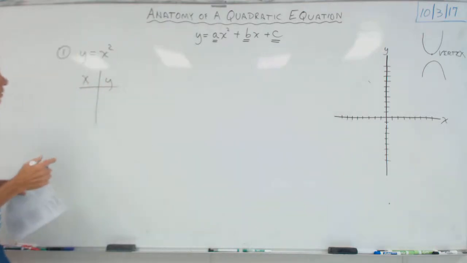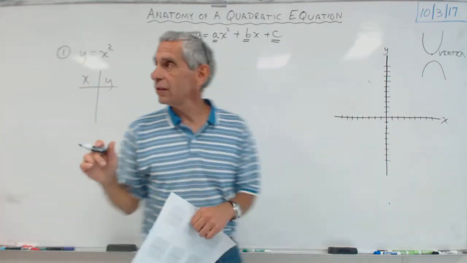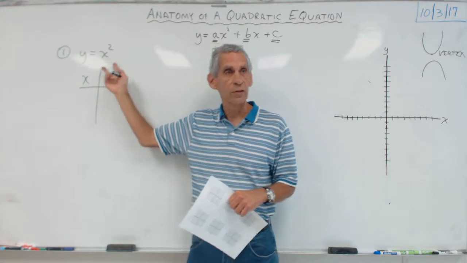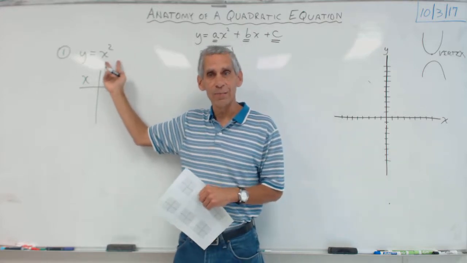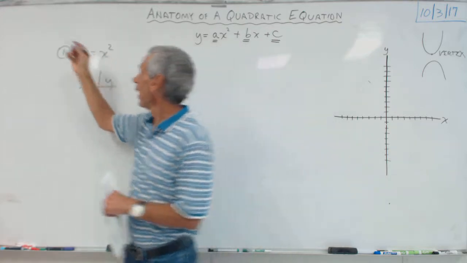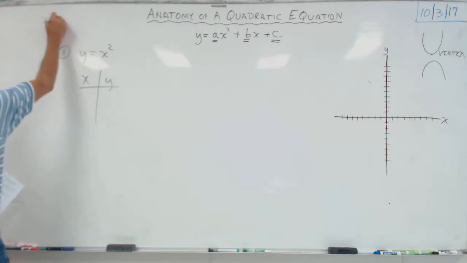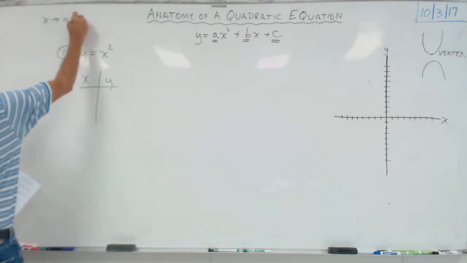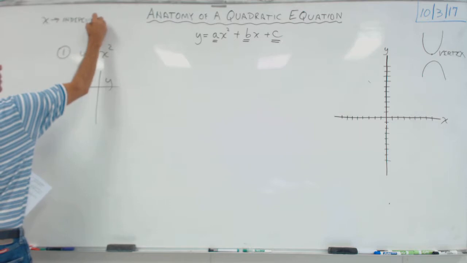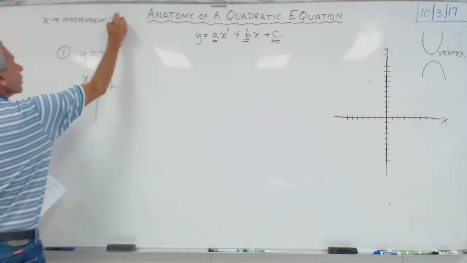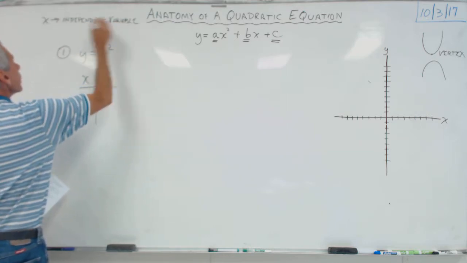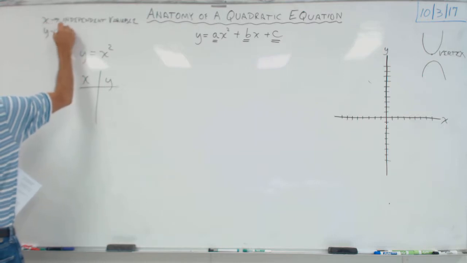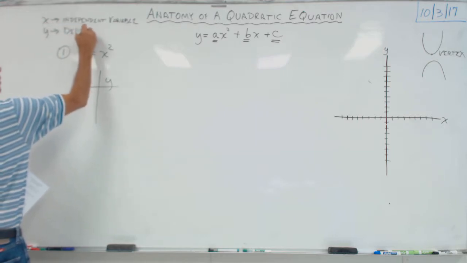Things that are important to understand with T-charts is that X is the independent variable, and Y is the dependent variable.